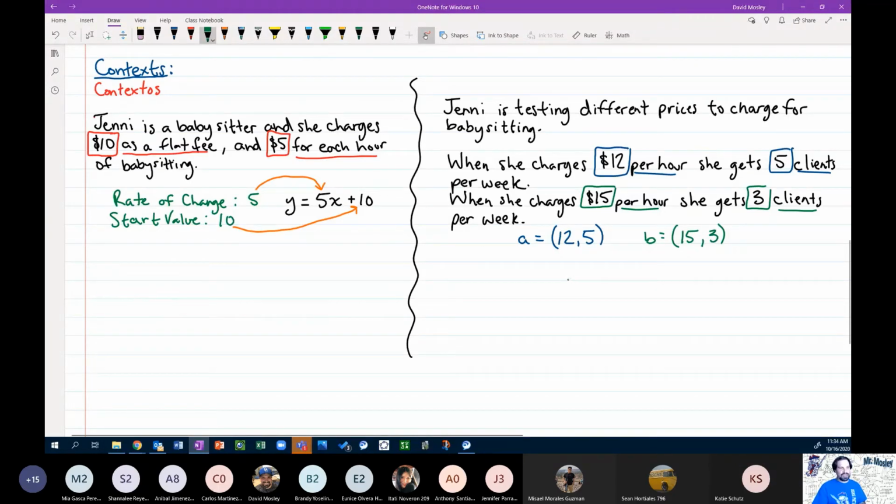What we need to do is find the change in y and the change in x from A to B. Okay, so we have that one. All right, so we need change in y divided by change in x, right, to get the rate of change or the slope. Call it the rate of change.